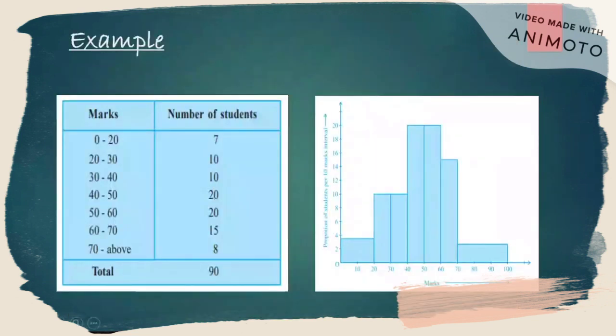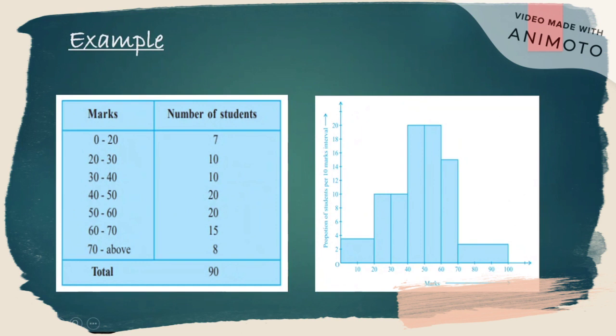On the slide, as you can see, a question, marks and number of students. So the frequencies are given. For this example, if we want to draw a histogram, on the x-axis we have to draw class intervals.